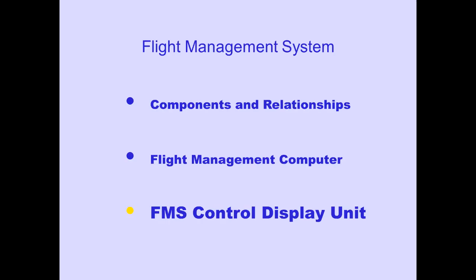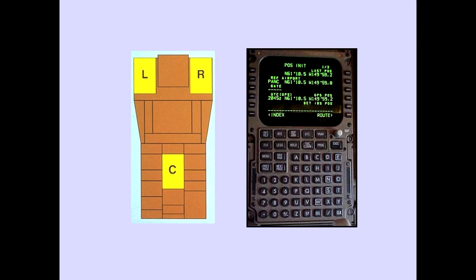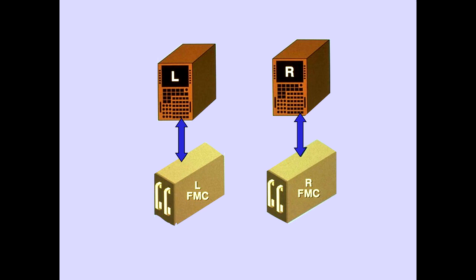Let's now discuss the FMS Control Display Unit, or FMS CDU. The FMS CDUs are located on the aisle stand. The left FMS CDU communicates with the left FMC, and the right FMS CDU communicates with the right FMC.